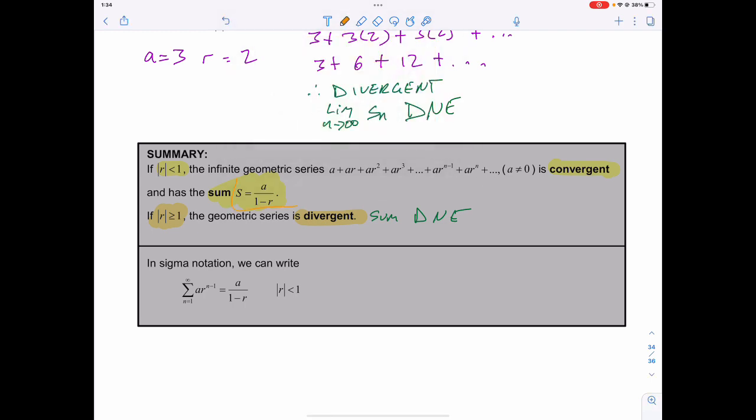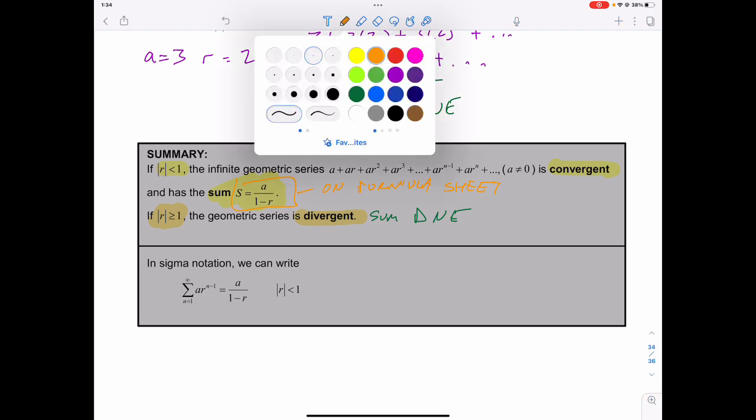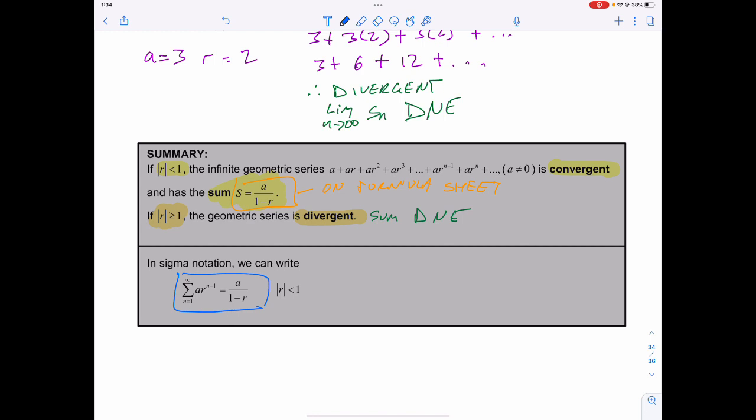Now, for reference, this formula is on your formula sheet. That's not one you have to memorize. The sigma notation, the sum going from n is equal to 1 to n is equal to infinity of term n, or term 1, or any term, is going to be a times r to the power of n minus 1, is going to be just that formula, so long as the absolute value of r is less than 1 and r is not equal to 0.